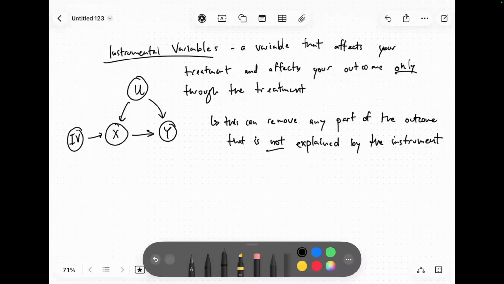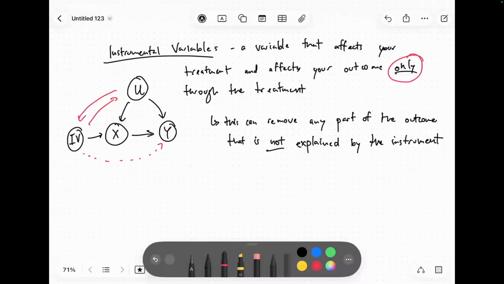So it's really important that it can only affect the outcome through the treatment. So what does that mean? That means this. If that was an arrow, that would be invalid as an instrument. If this is an arrow, it would be invalid as an instrument. If this was an arrow, that would be invalid as an instrument. Okay?